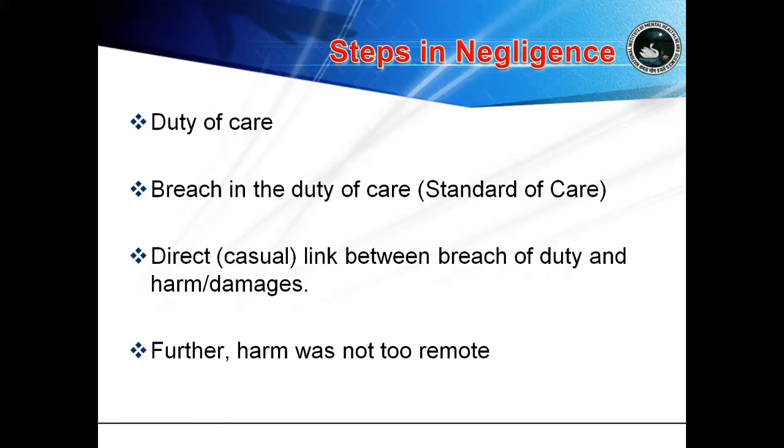Because of the breach of duty, damages have occurred, and this damage should be directly linked to whatever breach has occurred. So there are four points: duty of care, breach in the standard of duty of care, damages, and a direct causal link between the breach and the damages.